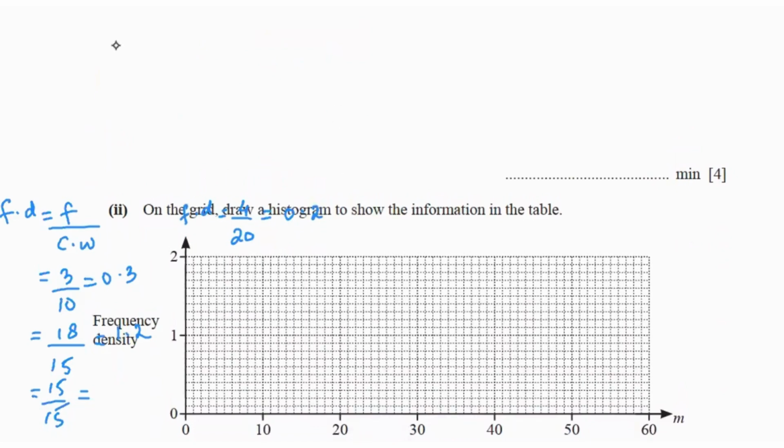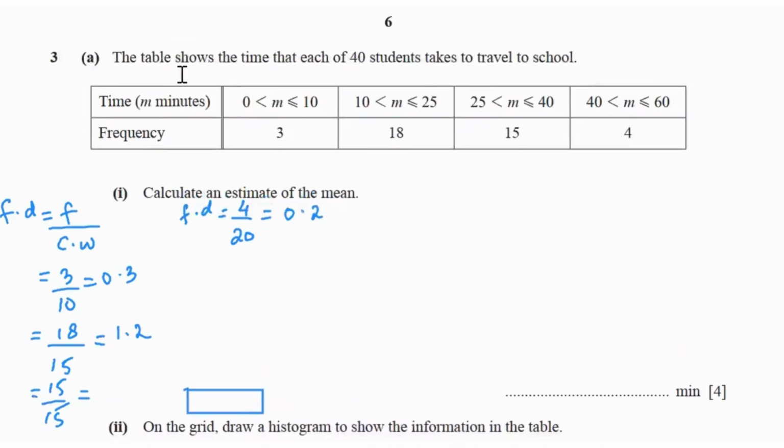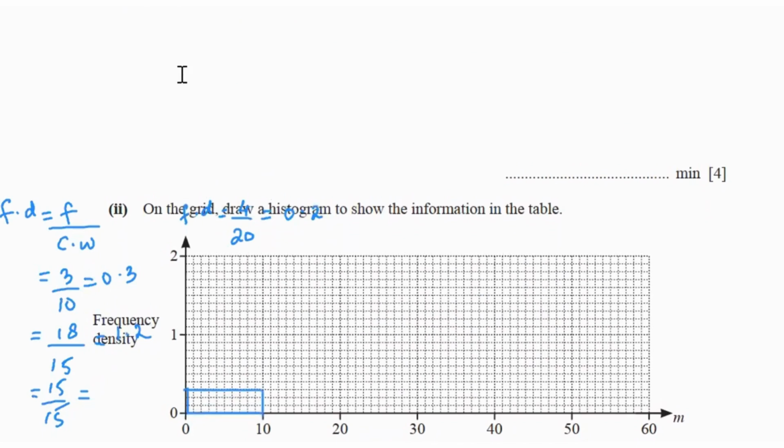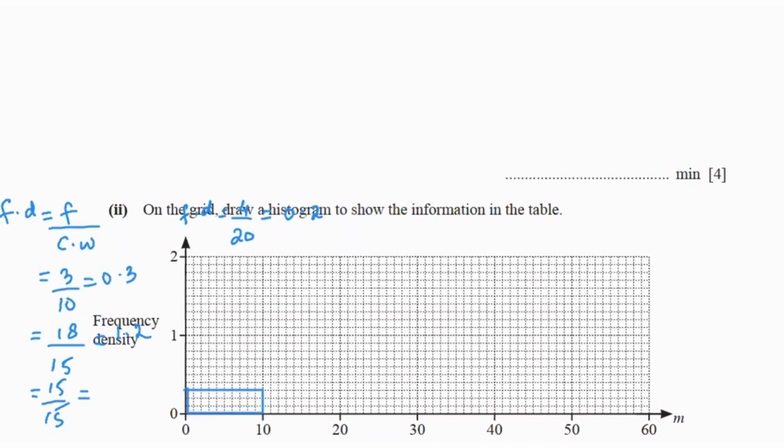So let's just make that over here. So for 0.3, then we have 10 to 25. So that's 1.2.